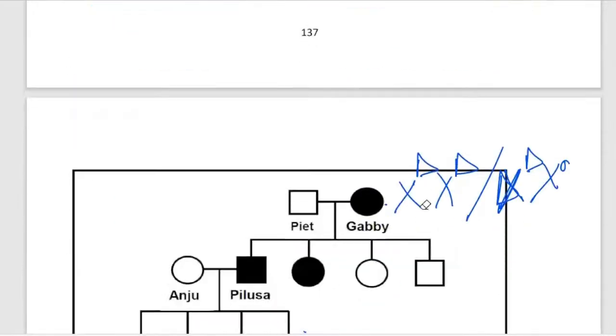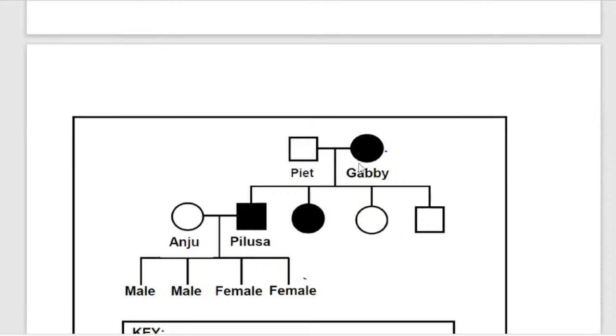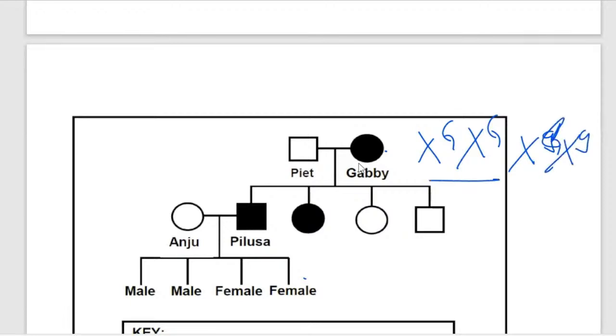Please use the letter they have given you. Don't just use what you think is correct. Therefore, it's going to be X capital G, X capital G, and X capital G, X small g. Yes.